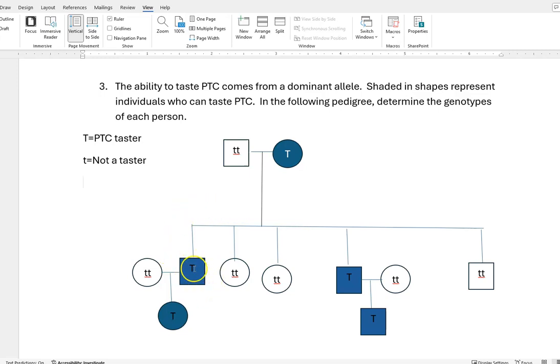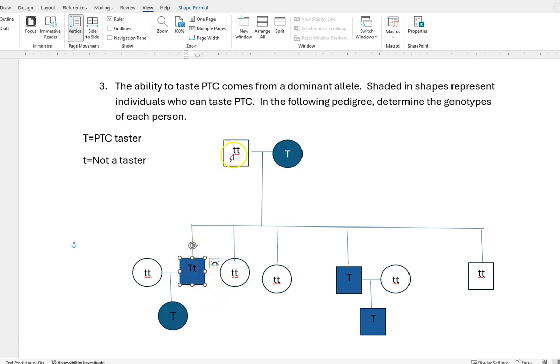So this son here, shaded in, he's a taster, but we want to know what his other allele is. So he is the product of these 2 parents. This parent is only going to be able to pass on a recessive allele. So therefore, the genotype of that individual has to be, or that son has to be heterozygous.